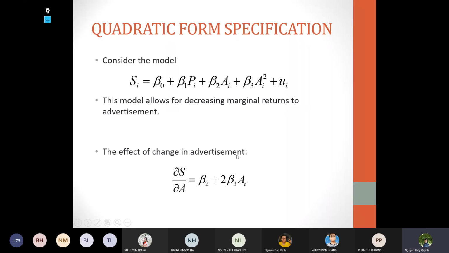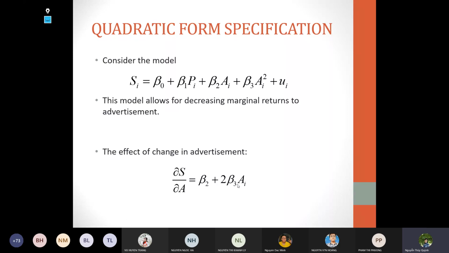We take the derivative of sale with regard to advertising expenditure, and we get beta 2 plus 2 times beta 3 times A_i. So the marginal effect of advertising expenditure on sale depends on the level of advertising expenditure that has been spent.